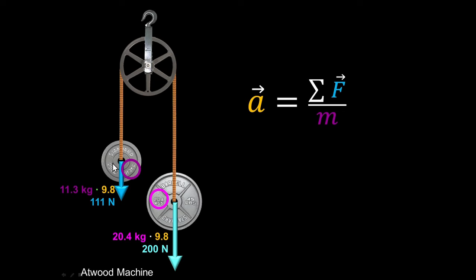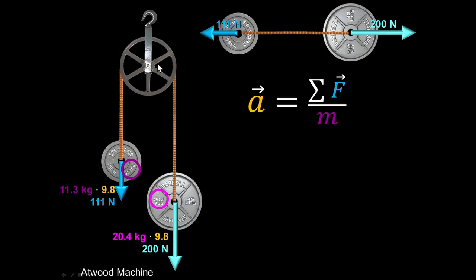It looks like both of those are in the down direction, but the pulley just changed the direction. So it's really like that's the string with no pulley. We'll say the 111 was to the left and the 200 newtons was to the right, because it gets confusing with them both moving in the down direction.